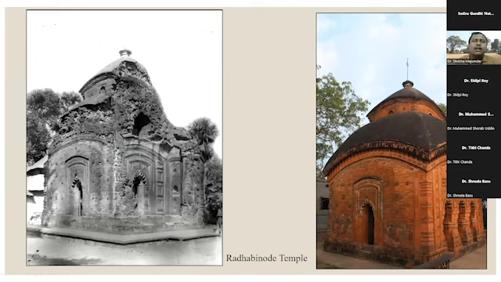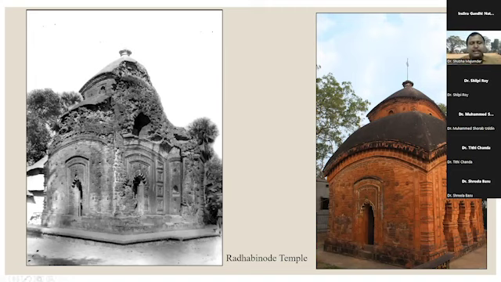Mostly only research scholars visited the site, not visitors. We try to emphasize visitors, and we installed different signages in and around the temples to invite the public to visit those temples.